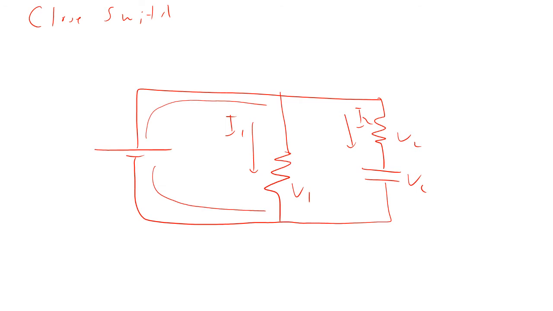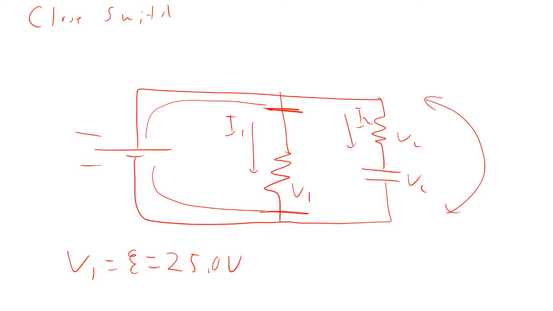This is an equipotential, so the voltage from the top to bottom of that resistor is going to equal the EMF, so that's going to equal 25 volts. Now the voltage here is also going to be 25 volts, but that's V2 plus VC. That's equal to 25 volts.